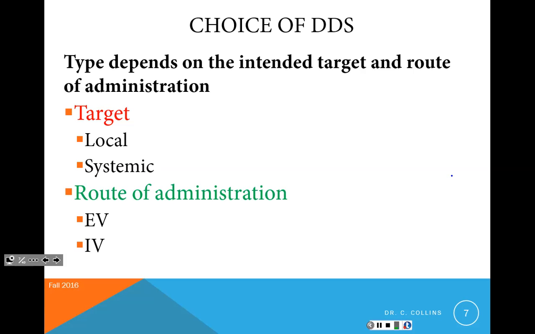So is the target local? Is it systemic? What route of administration? Is it extravascular or intravascular? Most often, those drugs that a pharmacist will see and dispense in a community setting are going to be extravascular, by far.